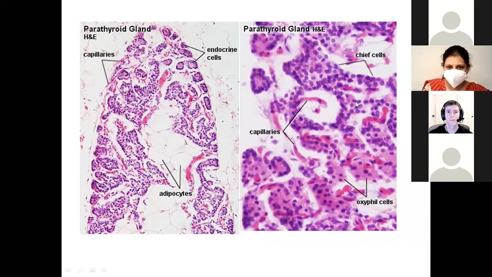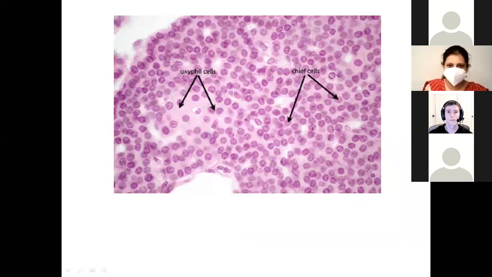You can also see that they have marked oxyphil cells and the chief cells, but it is not possible for us to identify both of these cells under the microscope. If you are viewing this parathyroid gland under the light microscope, we will not be able to identify which one is the oxyphil cell and which one is the chief cell, because we don't have that higher magnification.